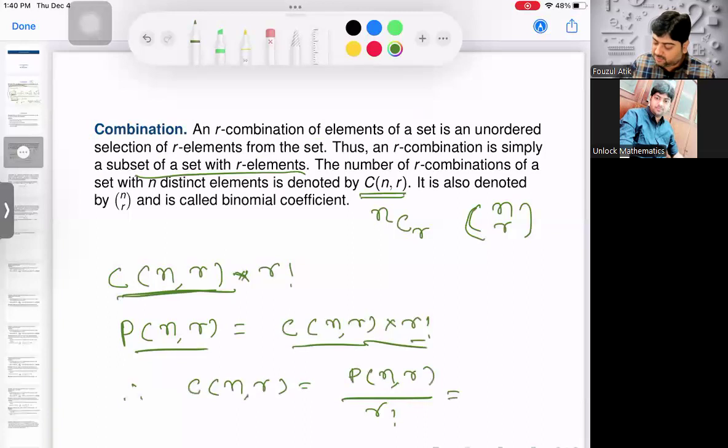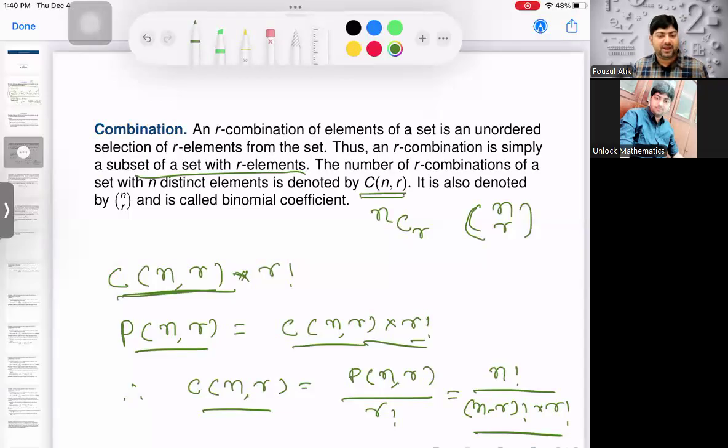We already know P(n, R) from the previous lecture: it is n factorial divided by (n minus R) factorial. And R factorial is in the denominator. So the number of R combinations of a set with n distinct elements is n factorial divided by (n minus R) factorial times R factorial.